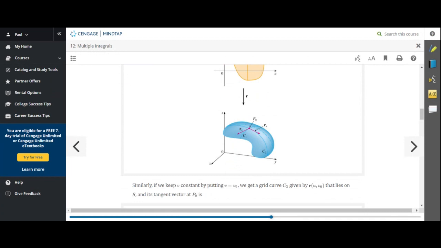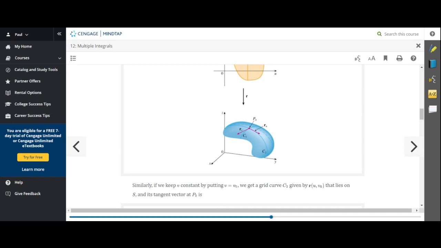If you pick a point on the surface and you draw two contours on the surface, a C1 contour and a C2 contour, the tangent vector for C1 is the derivative of the vector r with respect to v, which means you're holding u constant. The tangent vector r sub u is where you take the derivative of r and hold v constant.